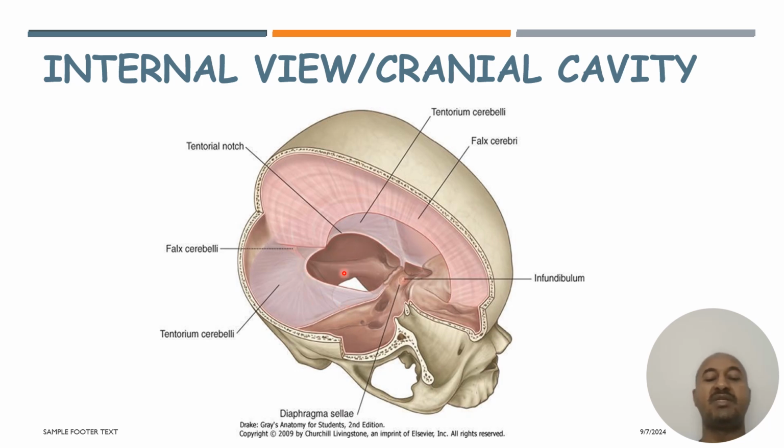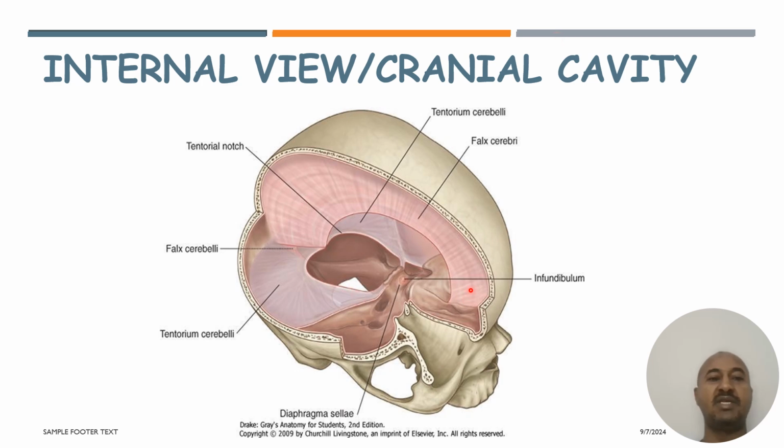We have the brain stem, cerebellum, deep here in this fossa, and we have dural sinuses. We have dura, falx cerebri, tentorium cerebelli, and falx cerebelli as well. And we also have blood vessels.